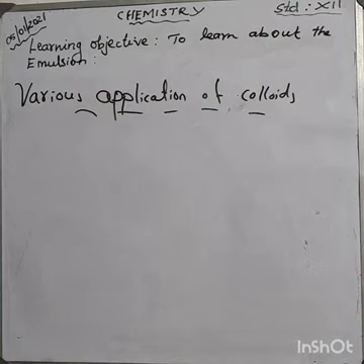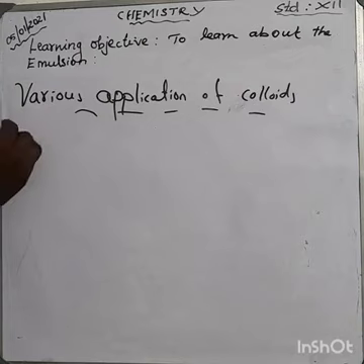Here, our human body also contains numerous colloidal solutions. For example, blood in our body, protoplasm of plant and animal cells, and fat in our intestine. These are all in the form of emulsion. What are the important points?